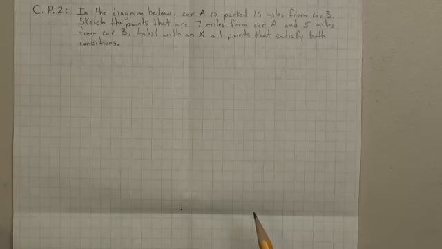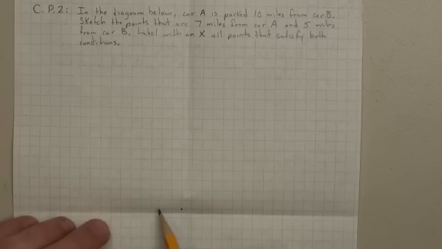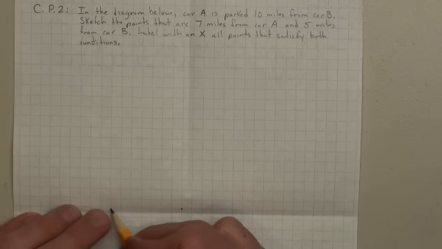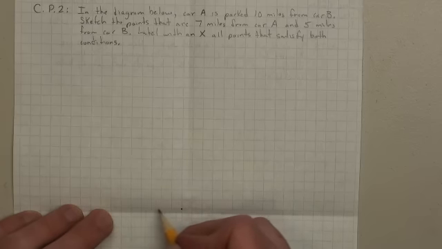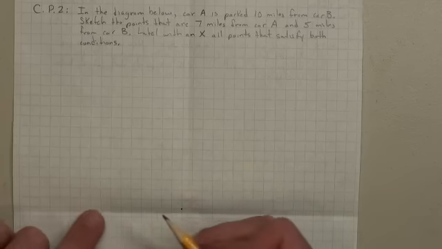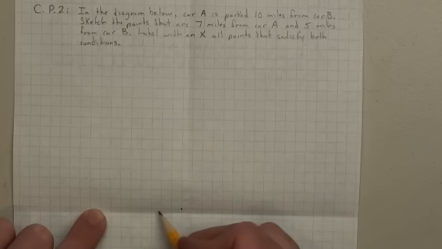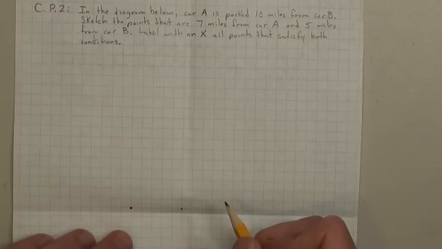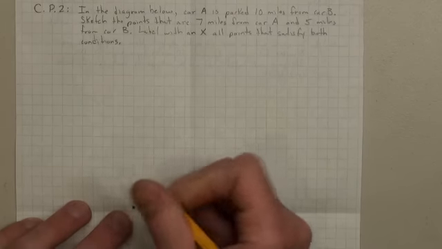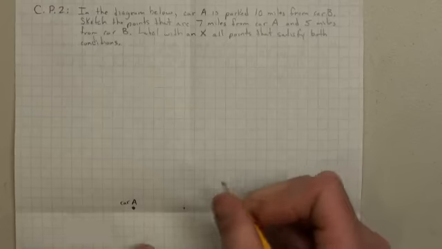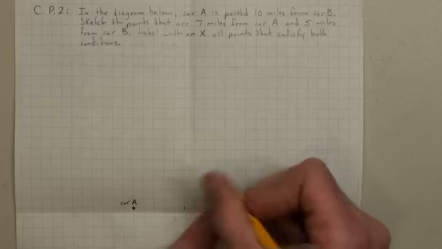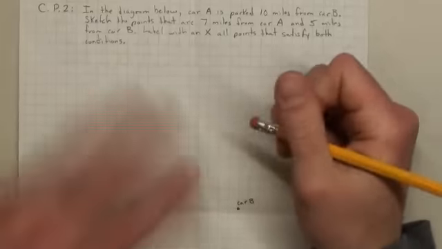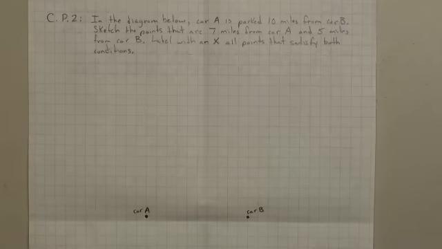Car A is 10 miles from car B. So I want you to go 1, 2, 3, 4, 5 lines to the left of that center point, and I want you to put a dot and label that car A. And I want you to go 5 to the right, 1, 2, 3, 4, 5, and put a dot and label this car B. Erase that point, and that is the problem. Okay?